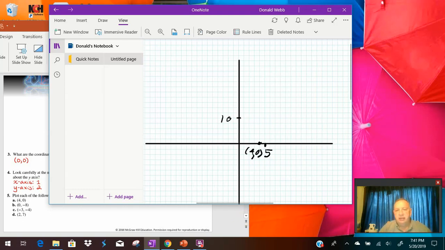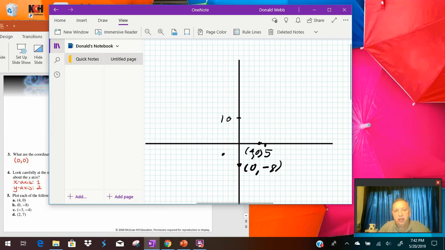0, negative 8. This is to scale, remember, so here's my x 0 along this. So negative 2, negative 4, negative 6, negative 8. I go right here, I draw my little point across here, 0, negative 8. Negative 3, negative 4: negative 1, negative 2, negative 3, and then negative 4, negative 2, so each one of those were 2.